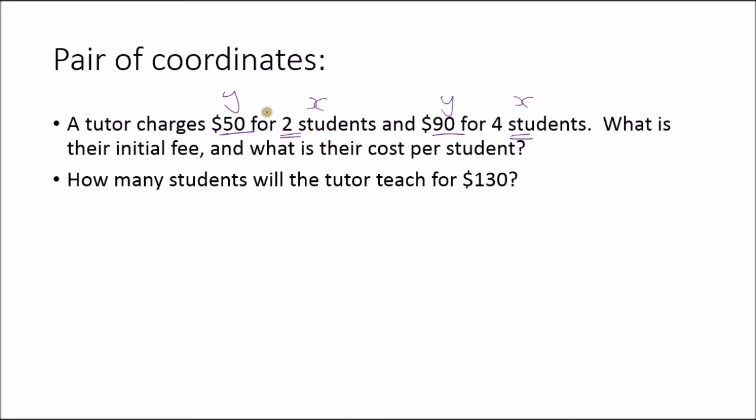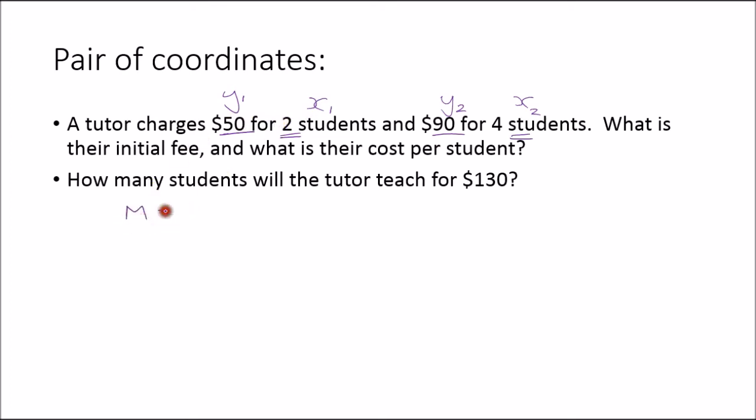First thing I want to do though is actually figure out which is which. Now 2 students would be to the left of 4 students if I was plotting this on a Cartesian plane. So this is y1, x1 and this is y2, x2. Now note that they are written the wrong way around at the moment because my y value is before, so I'm just going to be careful in my calculations that I put them in the right place.